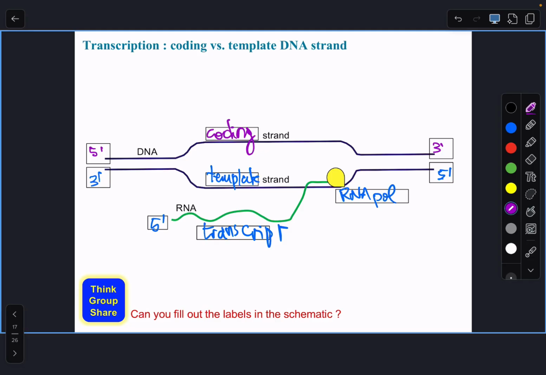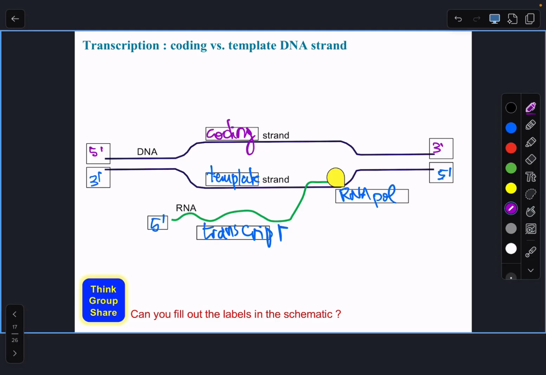Yeah? So the RNA is kind of like going from, let's say the yellow part is the polymerase, it's kind of like a film tape projector, and the green, the RNA, is like a film tape. You could think of it that way, yeah.